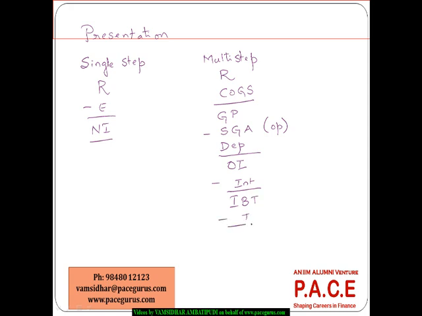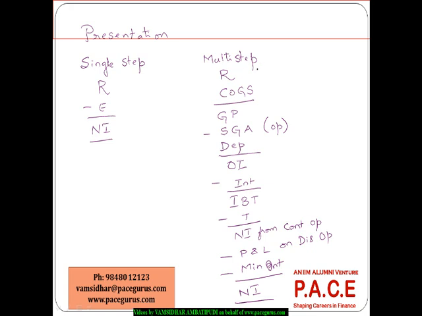Then the tax part is subtracted to typically come out with net income, or income from continuing operations. Then any profit or loss on discontinued operations, and even the minority interest, if at all there is any, would be subtracted to typically arrive at the final net income.